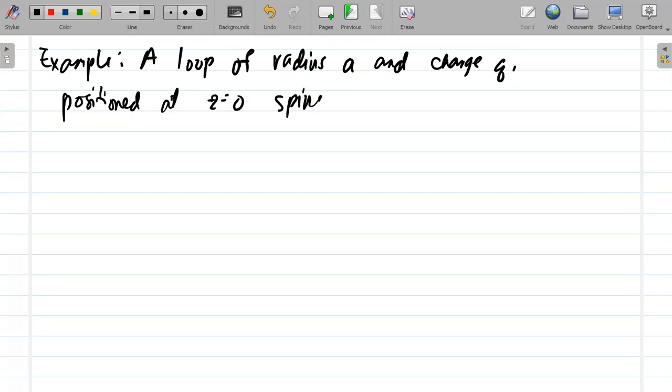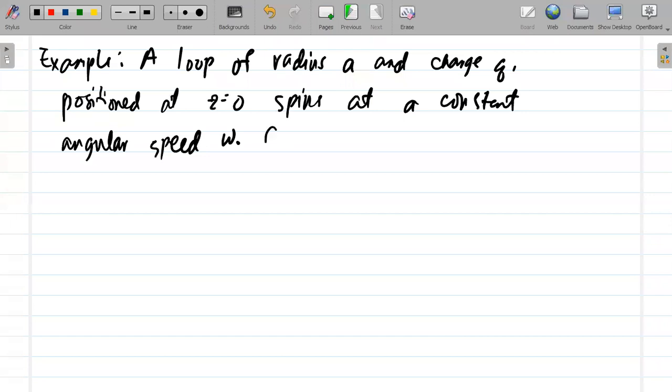It spins at a constant angular speed omega. The question is, calculate the current density.